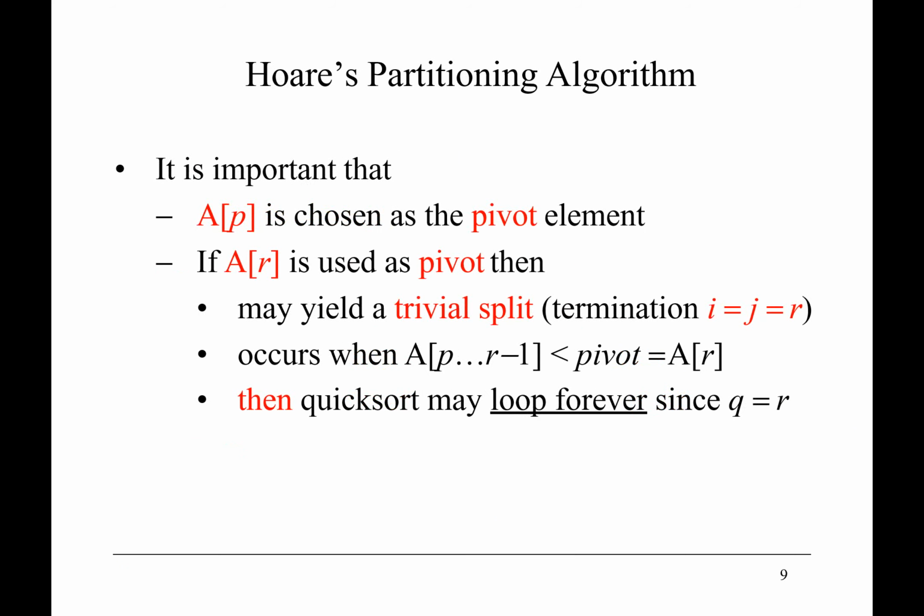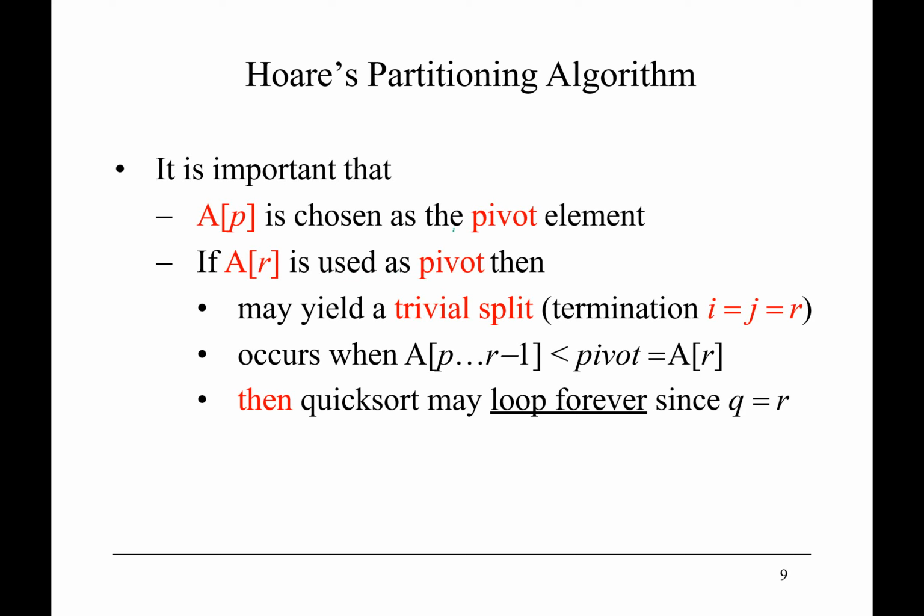Okay, so it's important to understand this Hoare's partition algorithm, and this is very important to understand. A[P] is chosen as the pivot element.